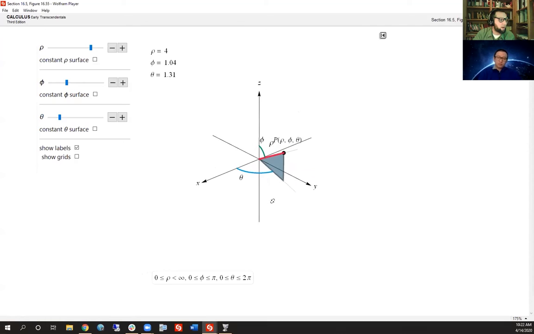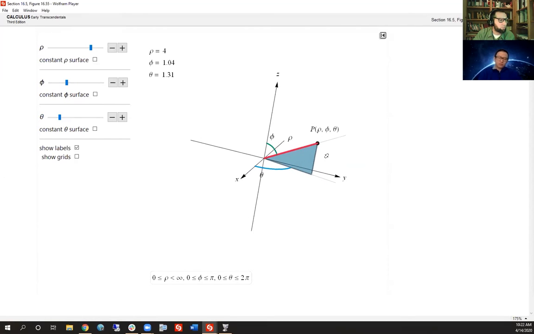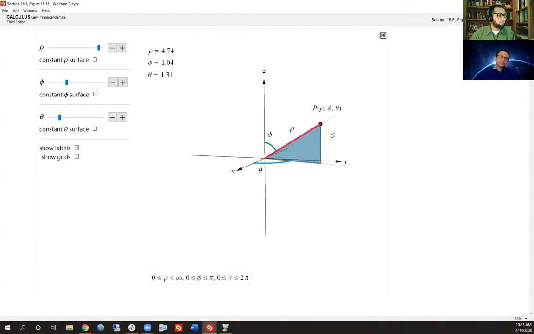So we have this point. Our point is rho, phi, theta, and rho is the distance that we are from the origin. My animation won't allow it, but if we had a negative rho, it would puncture through the other direction, just like we had in polar coordinates. So rho is a radius, but it's bigger than a radius.